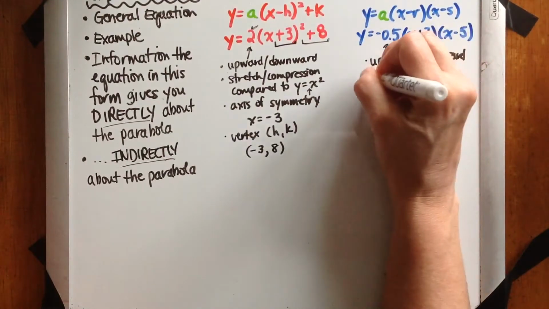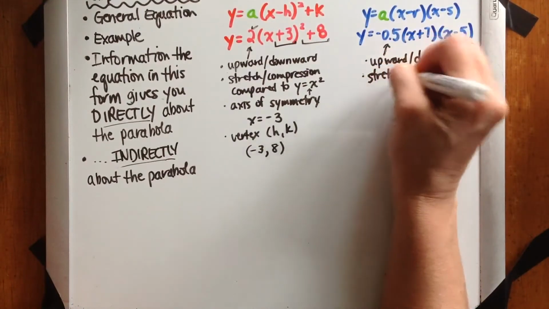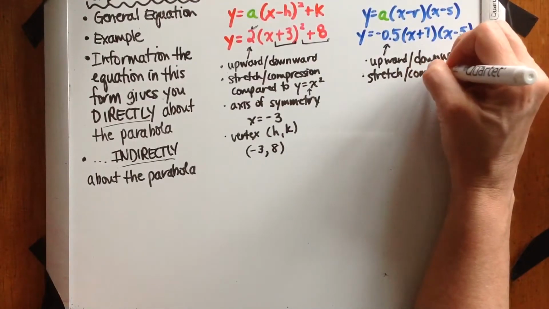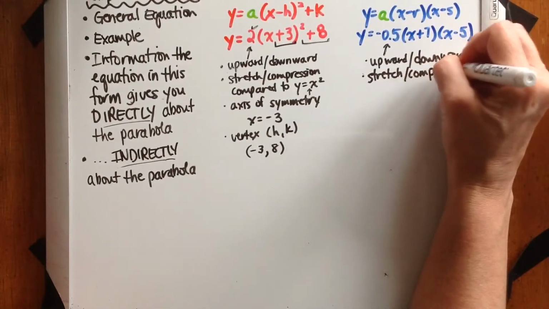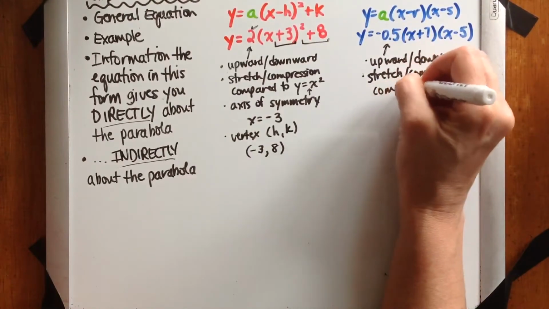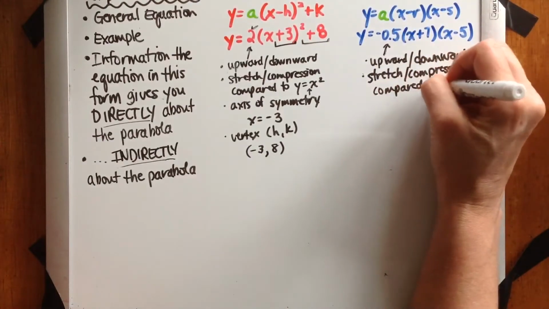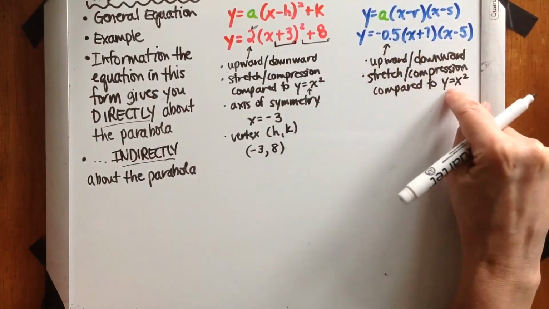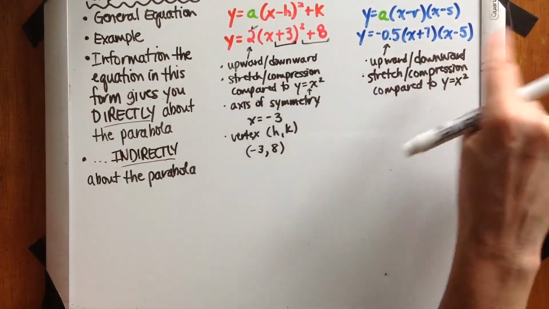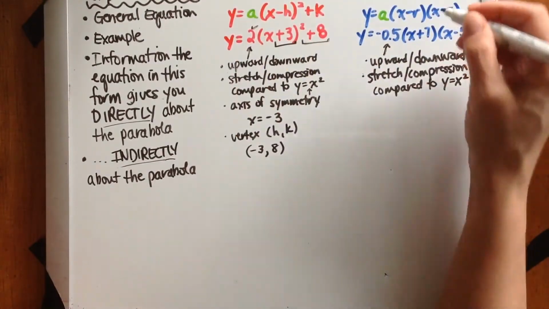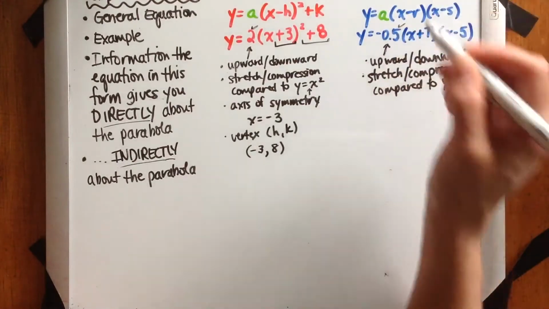It can tell us whether it is stretched or compressed in shape compared to our simplest parabola, which is y equals x squared. Since this A value is less than 1, we know that it is more compressed. It's going to be a wider parabola, if you will. So we've taken care of this piece.